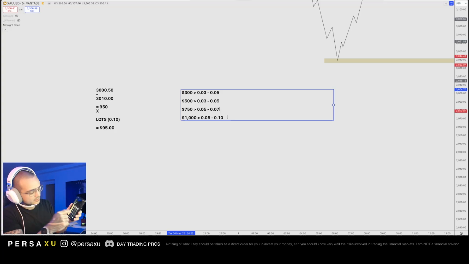Of 1,000, 2% is 20, so 1,000 minus 2% is 980, and that's your $20. That's 2%, a realistic goal to trade.